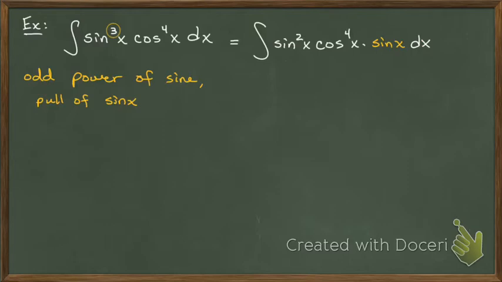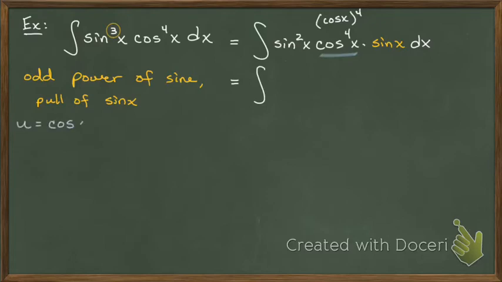If I've pulled sine of x away here, what I'm hoping for is that sine of x is going to take the place of a du in a substitution. If I were to let u be cosine of x, I see that cosine to the fourth means I would have u to the fourth in my integral. All right, I would have u to the fourth, but then du would be minus sine of x, and I've got an extra sine of x there.